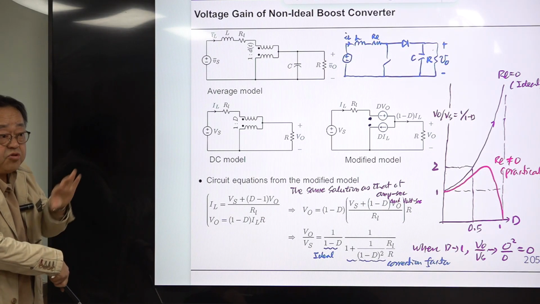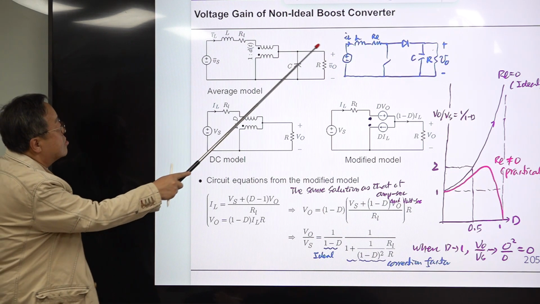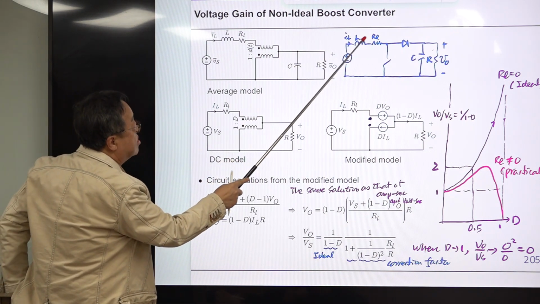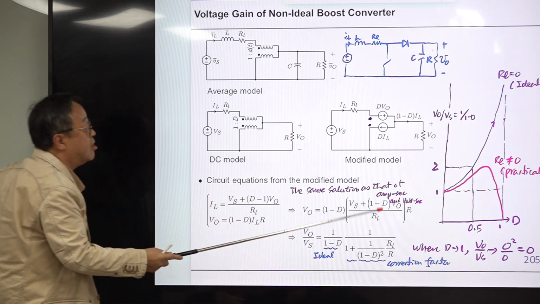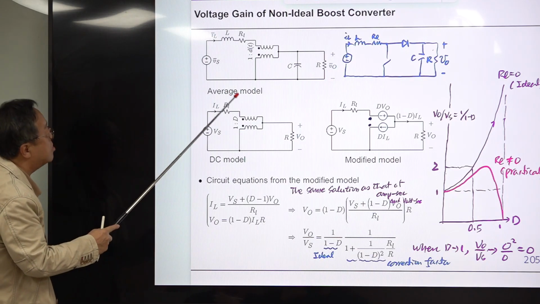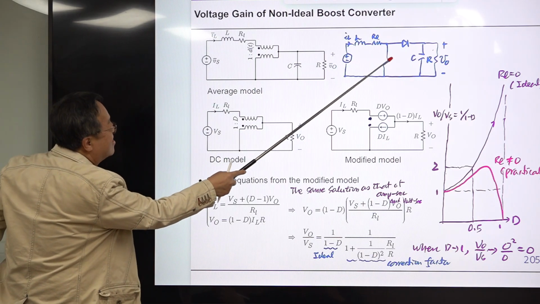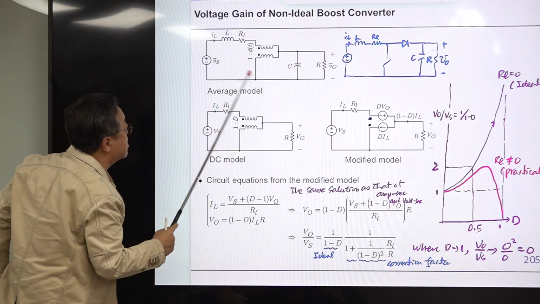To solve that, you need to include this one. So you have the ESR of this inductor, then everything becomes clear, right? Then this is the average model of this. So you replace this with this, right?